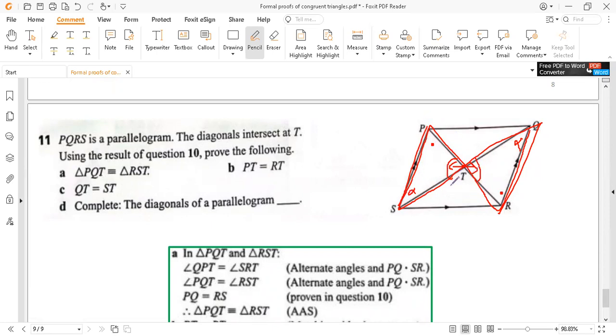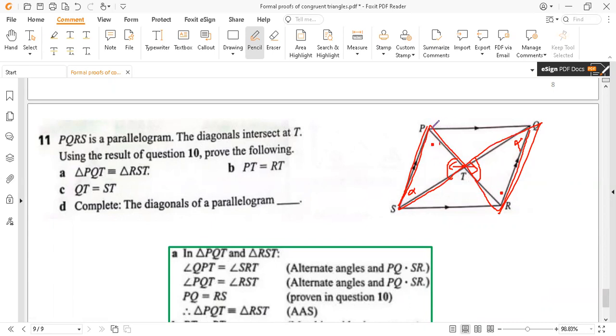Having three equal angles from this side and three equal angles on this side of the triangles isn't enough to verify that the two triangles are congruent. We can say that these two triangles have the same shape, but not necessarily the same size. But we know that the diagonals in a parallelogram intersect at their midpoint.